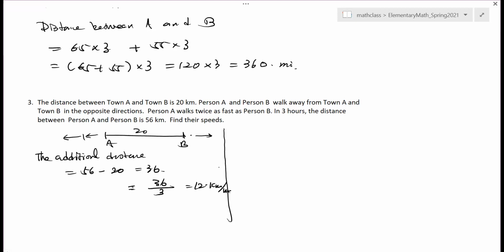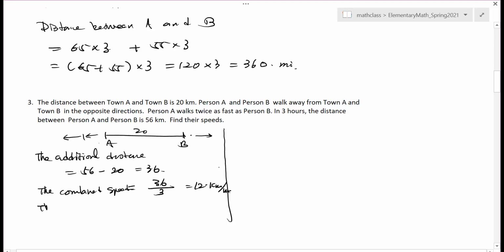This addition is increased in 3 hours. So the combined speed is 12 kilometers per hour, because in 3 hours it increased 36 kilometers. Then you have to divide by 3 because person A's speed is double person B's speed.